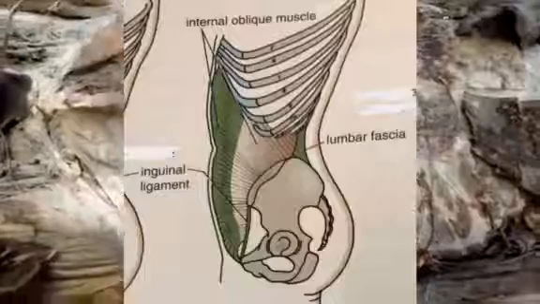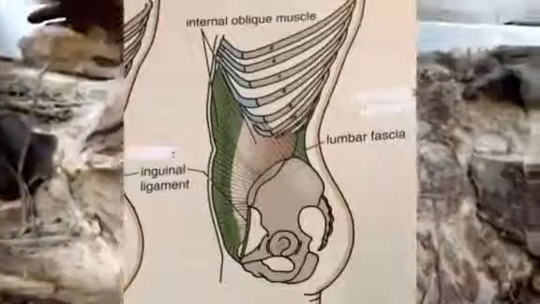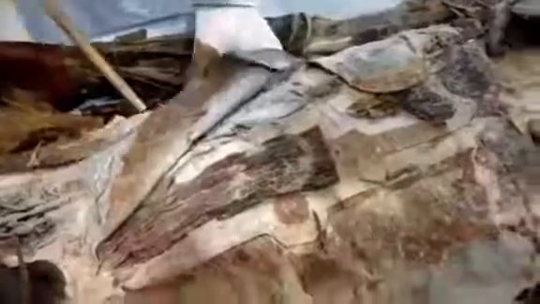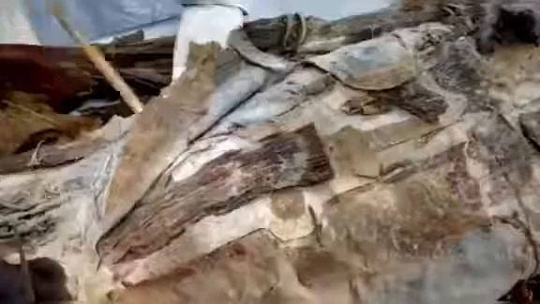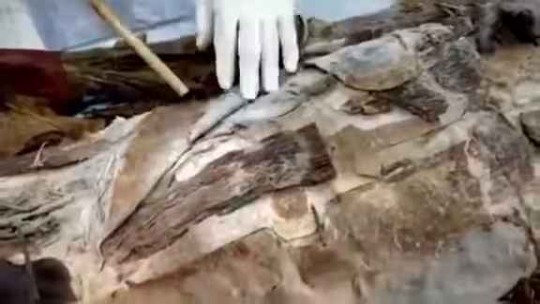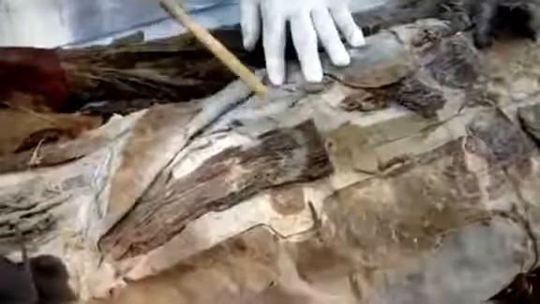Now the internal oblique has its origin from the thoracolumbar fascia, which is situated in the back, the inguinal ligament, and the medial leaf of the iliac crest. These three are the origin of the internal oblique muscle.